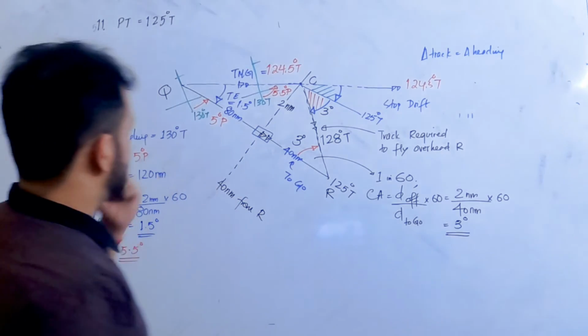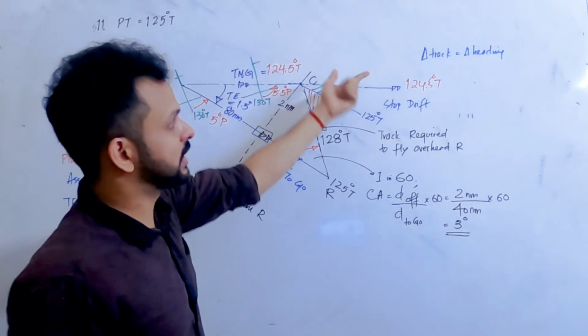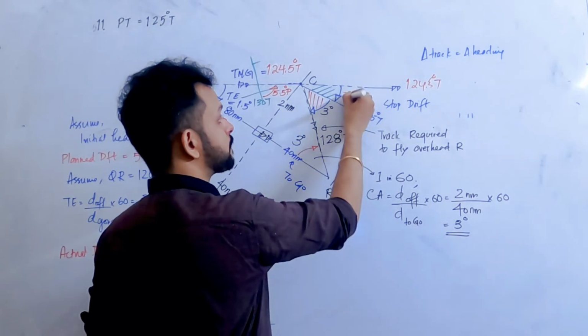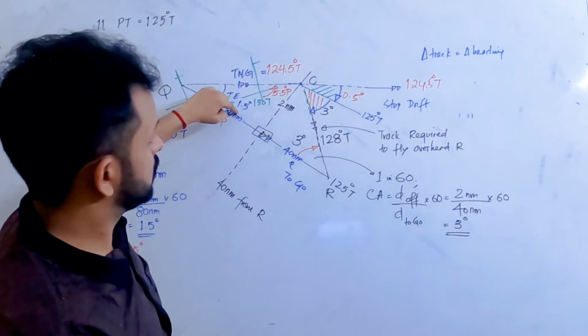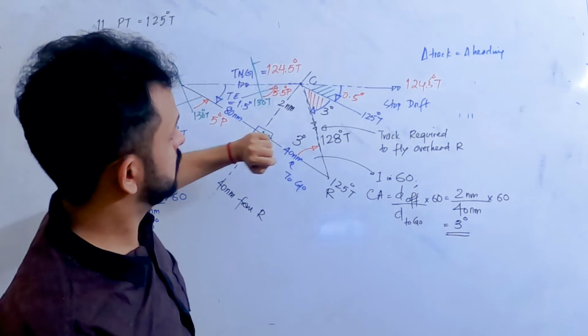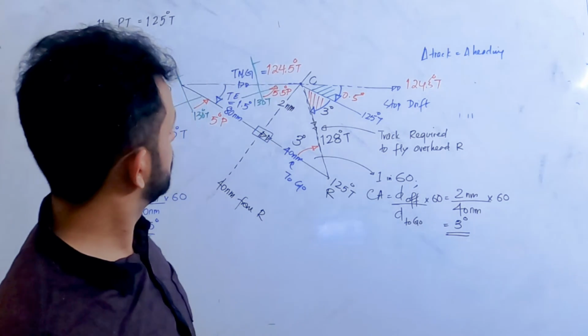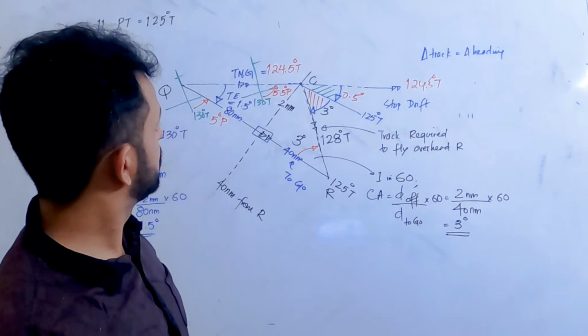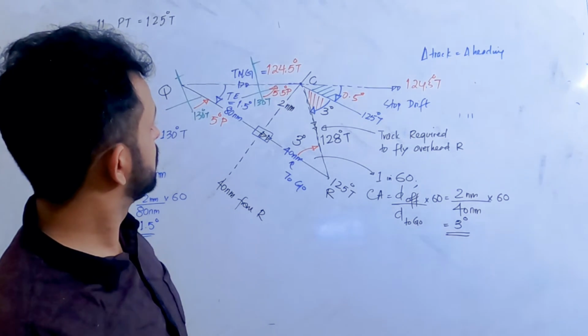All right. Now you see, it's again easier. 124.5, 125 degrees. What's the track change required? It is equal to the track error. Why is it different? Oh, sorry.